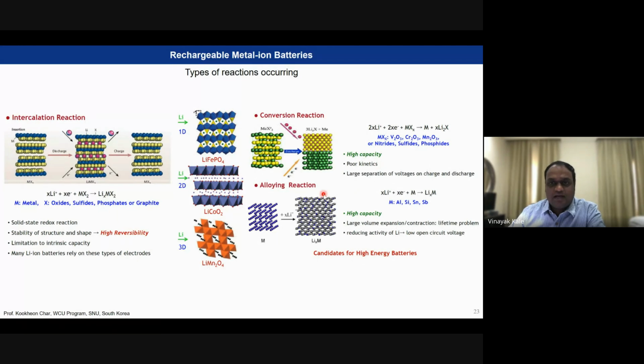On the other hand, there is the alloying reaction, in which silicon, tin, or aluminum reacts with lithium and forms a composite. It has high capacity, but it has the disadvantage of large volume expansion. In the case of silicon, there is 400% volume expansion, which is not good for battery cycle or battery life.